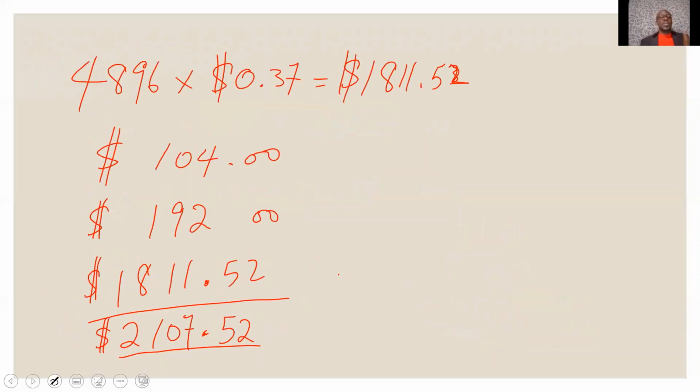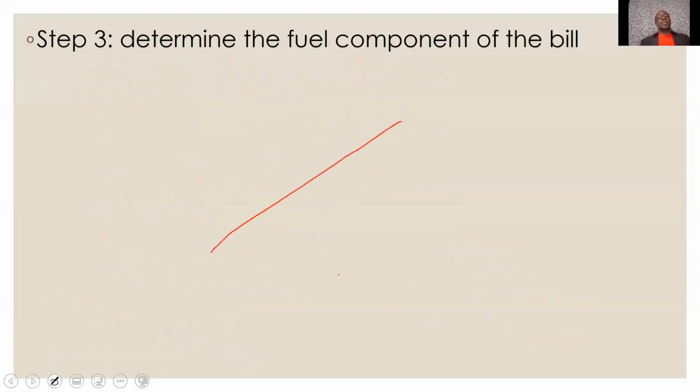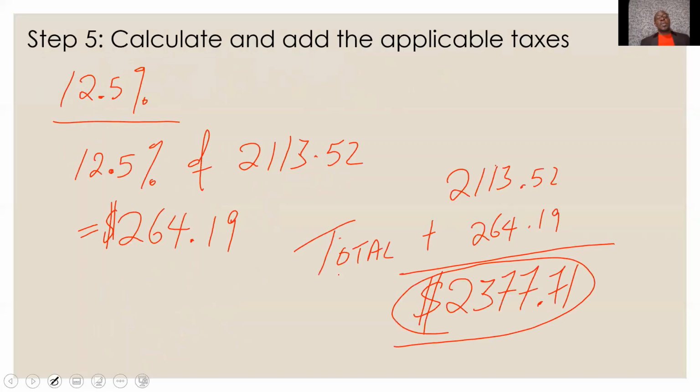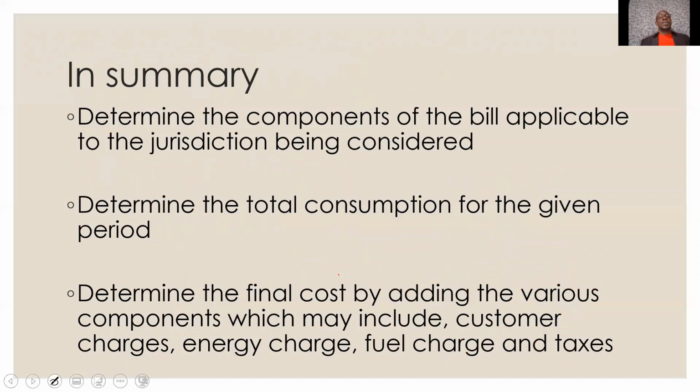Based on the bands, we do our calculations and we find that sum. Next, we add the customer charge. And then finally, we add, in this instance, the applicable taxes, and that's our total for this bill.